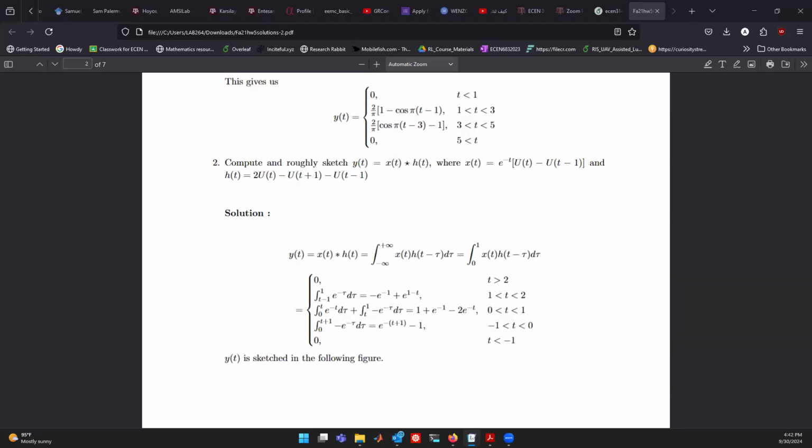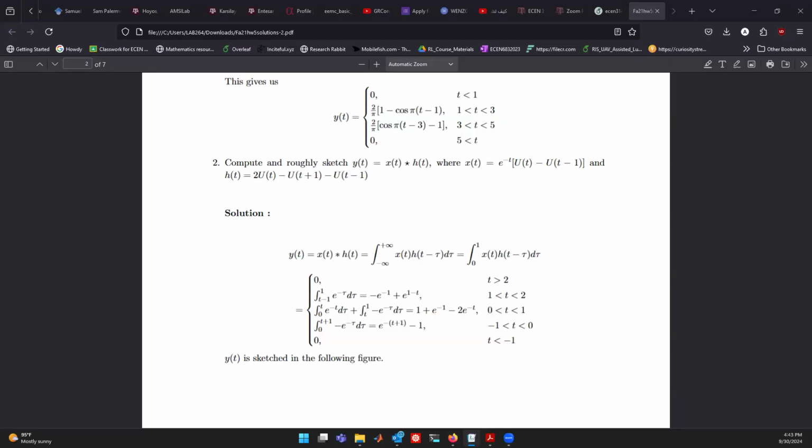Okay. Let's try to sketch those two signals just to have an idea about the signal and the impulse response of the system. So x(t) is a decaying exponential function, but limited only to this rectangle, u(t) minus u(t minus 1). If you remember, that is just a rectangle between 0 and 1.